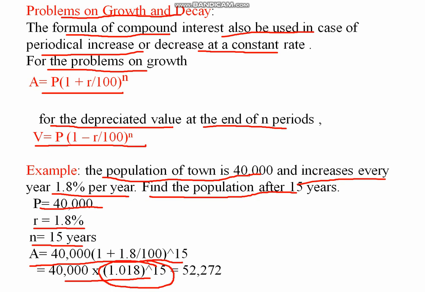Multiply this by 40,000 and we get the answer 52,275. That is, after 15 years the population is 52,275, if the population is 40,000 and increasing every year at a constant rate of 1.8% per year. So this is a problem on growth.